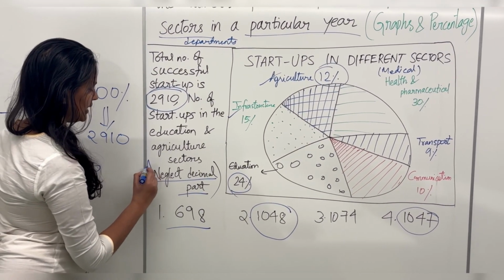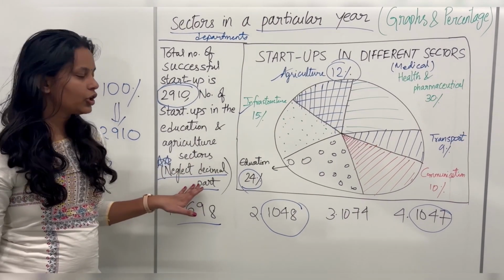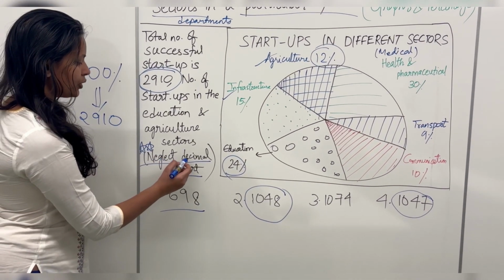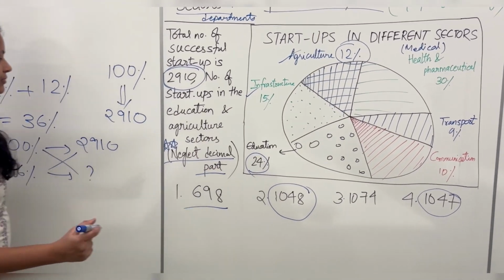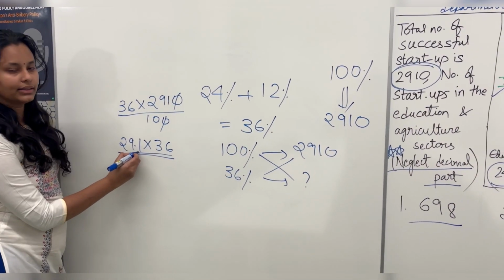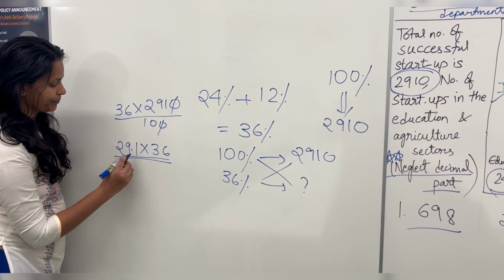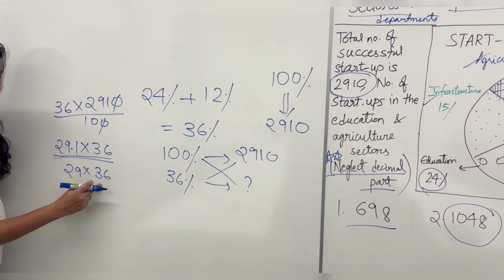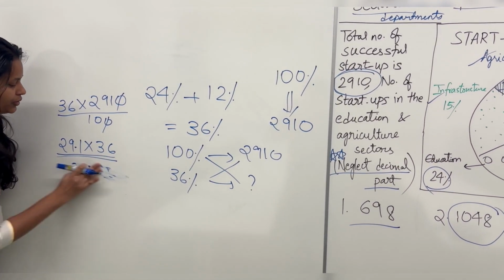This condition is very important. Here they did not ask to find the approximate value. They just said to ignore the decimal part. So we cannot take 29.1 and ignore this 0.1. We might get wrong values.